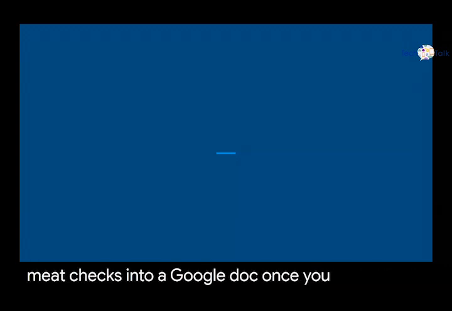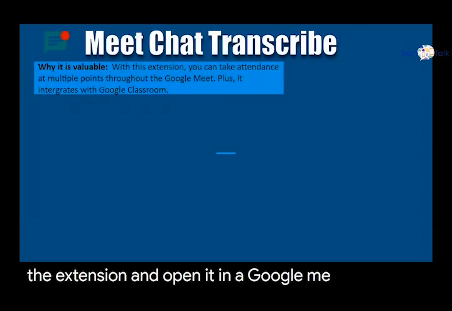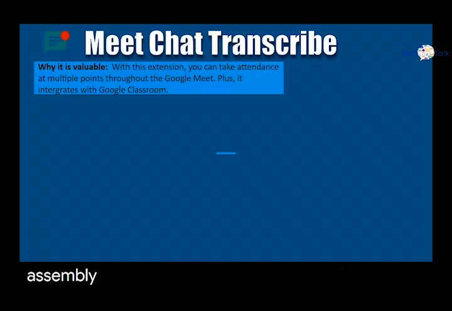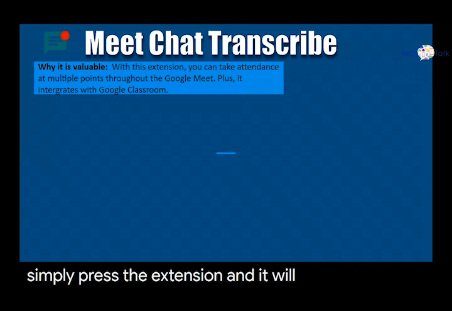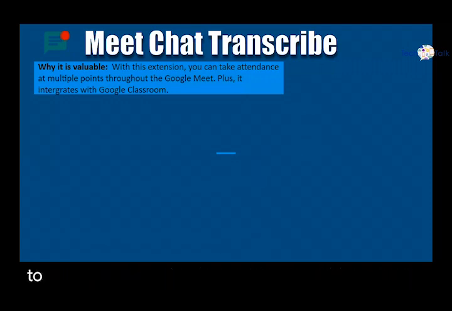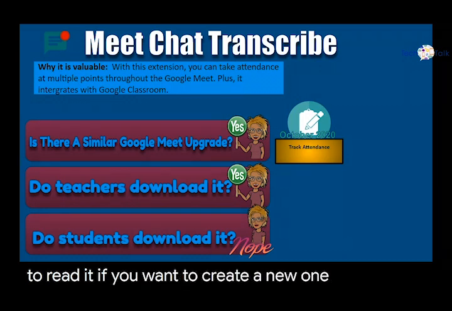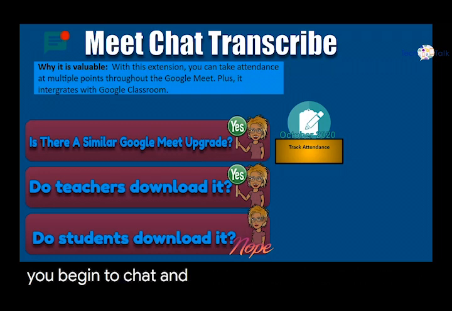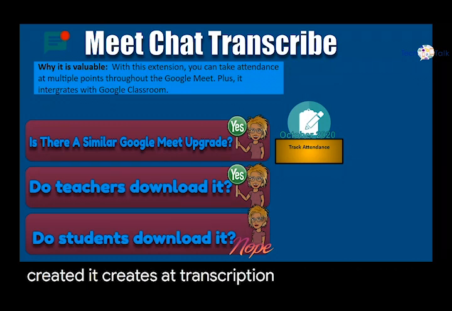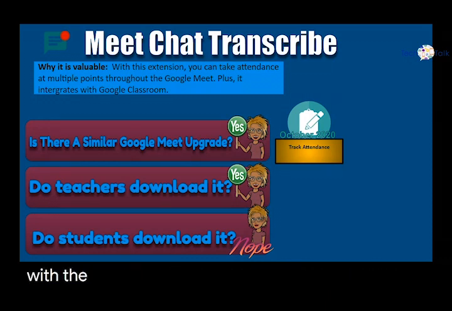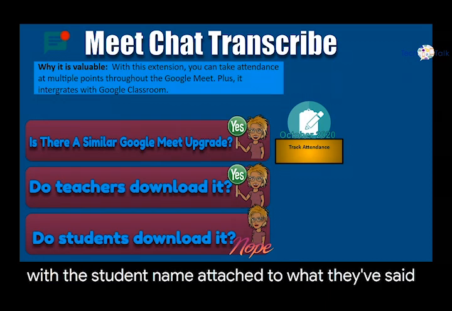Once you download the extension and open it in a Google Meet, you simply press the extension and then it will ask if you want to transcribe it to a Google Doc that's already been created, or if you want to create a new one. And then as you begin to chat, and once you have your document created, it creates that transcription of the recording with the student name attached to what they've said in the meeting.